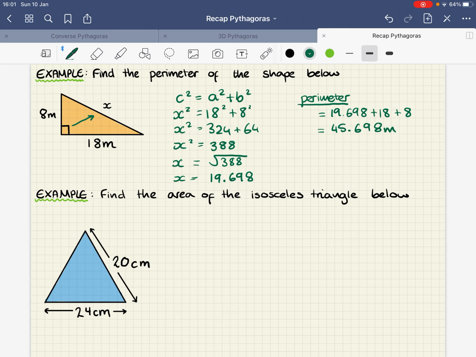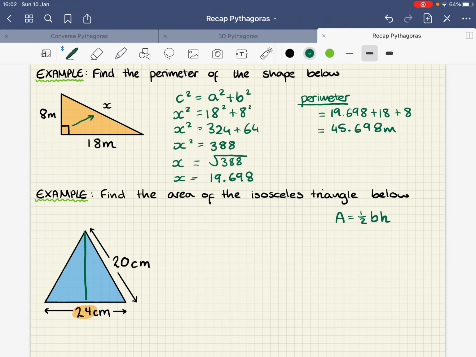All right. Next example, find the area of the isosceles triangle below. So, area of a triangle formula is half base times height. I know what my base is. It's going to be that 24 there. And so the one thing I am missing is what this height here is.